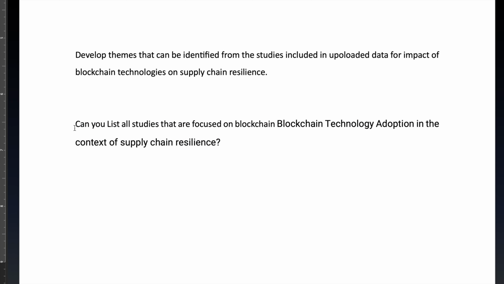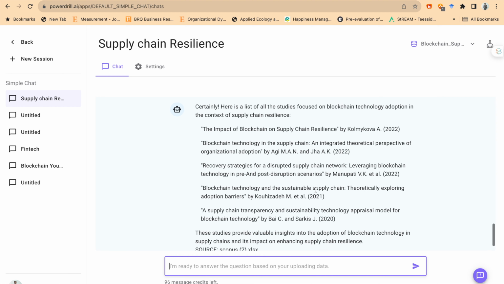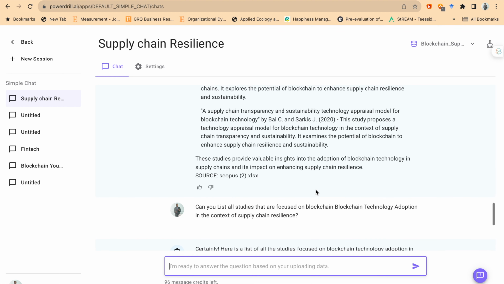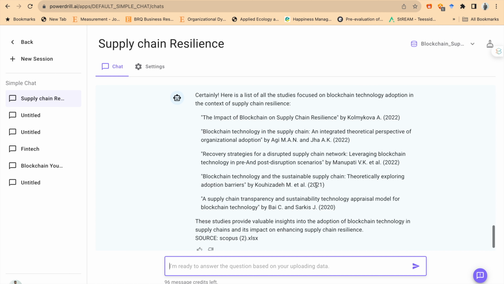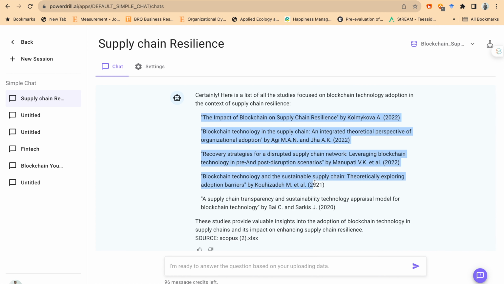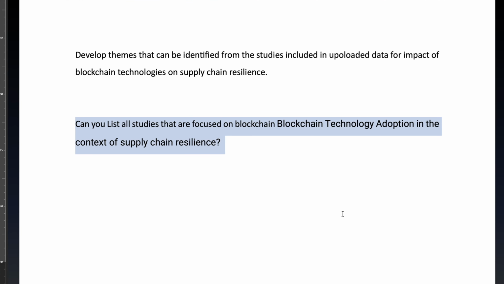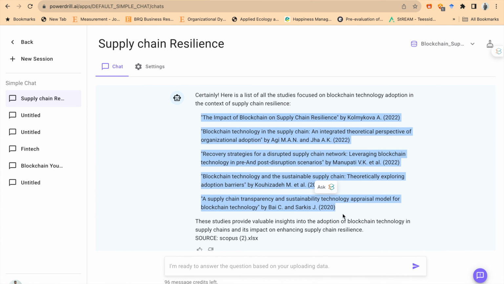One, 2, 3, 4, 5. I believe it's almost the same. Okay, now we have these 5 important studies which are talking about the impact of blockchain technology. So now the list is available.